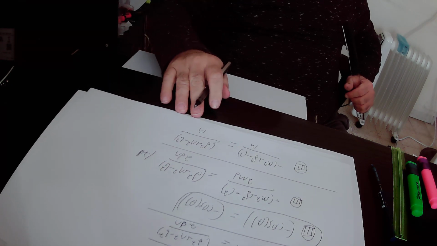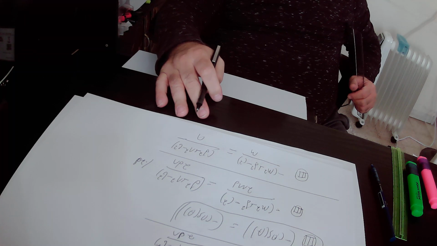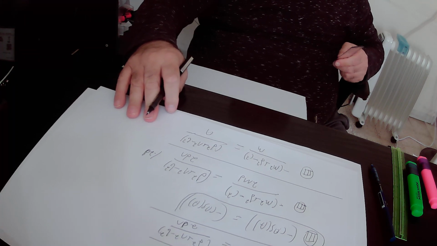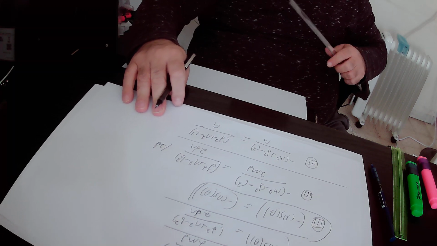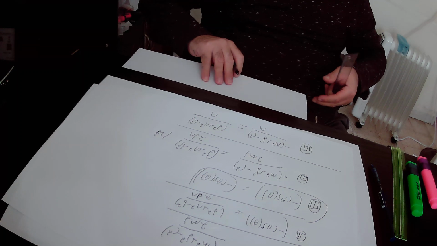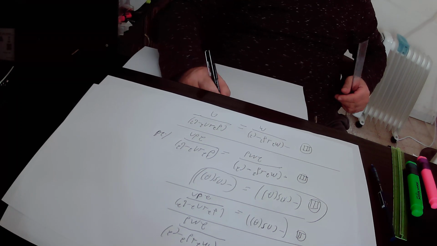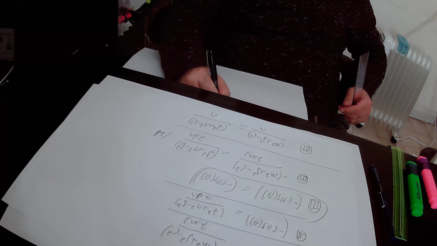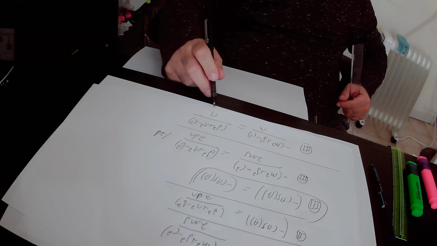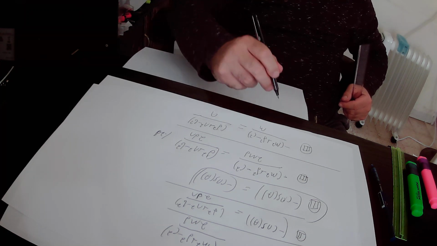In the next step, we'll cross multiply equation number 3, and we'll get that according to equation number 3, it is n or minus n.